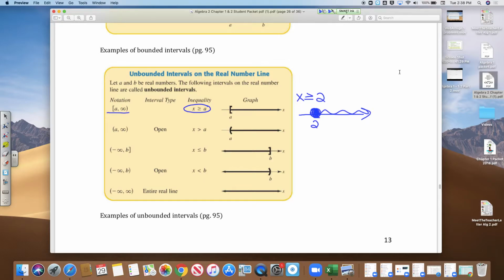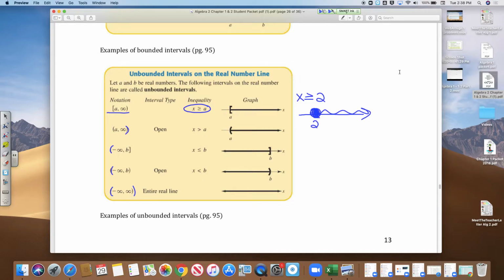Notice there are parentheses around all of the infinity symbols, whether positive or negative, because infinity is not a number, it's just a concept. Depending on the situation, if you have the answers pointing to the left or to the right, you will either need positive or negative infinity.